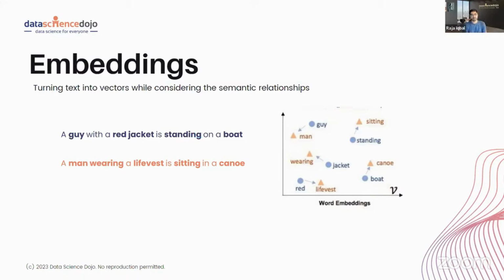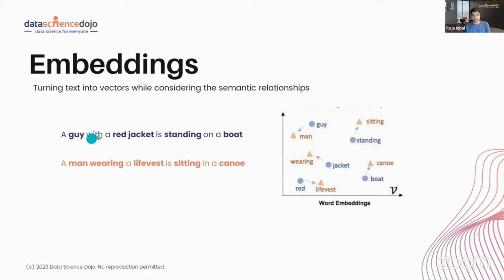So this is a great example. If you look at these 2 sentences, and I asked you, are they similar in a lexical context? Lexical meaning, are the words the same? Well, we are talking about a guy here, and about a man, and this guy is wearing a red jacket.